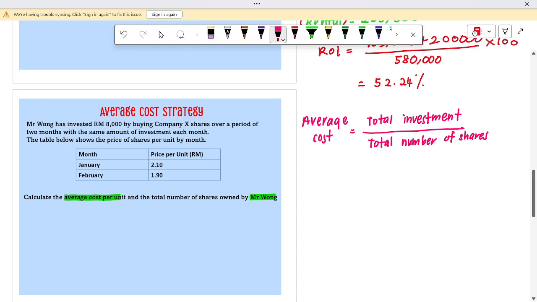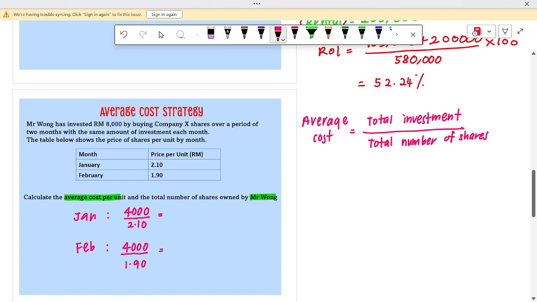Okay, so first step, he has 8,000 ringgit and he has spent it over 2 months. So basically we're going to calculate for January, and we're going to calculate for February. In January, he has spent 4,000 ringgit. February also, he has spent 4,000 ringgit. So to calculate your number of shares, you take 4,000, divide by price per unit, 2 ringgit 10 cent, and divide by price 1 ringgit 9 cent.